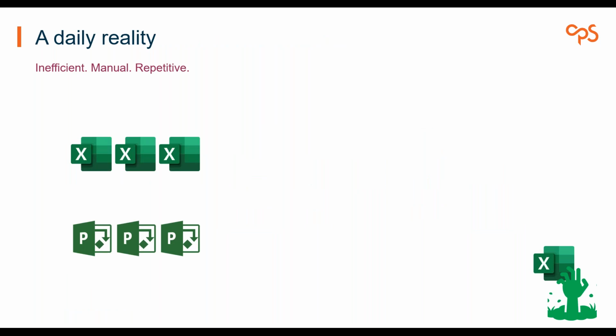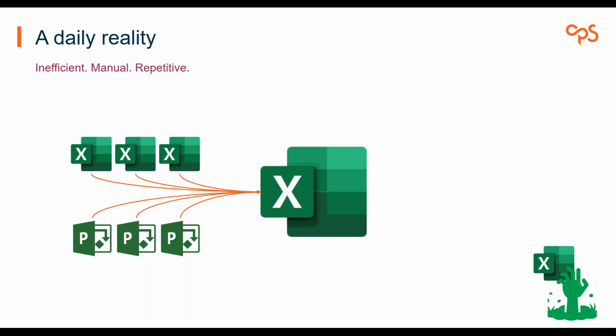So one of the daily realities that we see for organizations is, and you'll notice there's a kind of zombie hand in the bottom right-hand corner there grabbing an Excel spreadsheet. One of the realities I often see is people are using Excel or Project, for example, and someone comes along and says, oh, I really need to summarize that data and put it into maybe one big Excel spreadsheet.